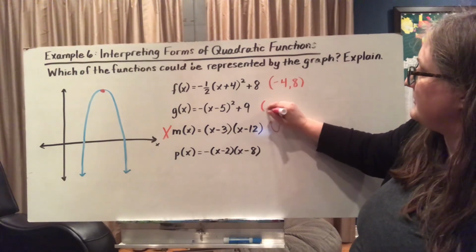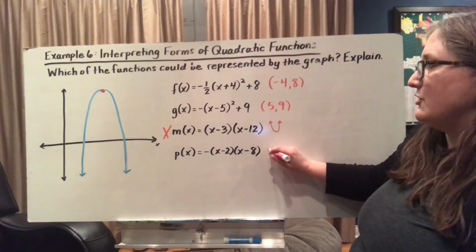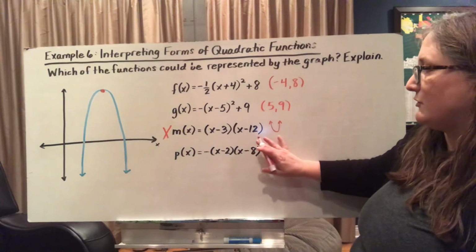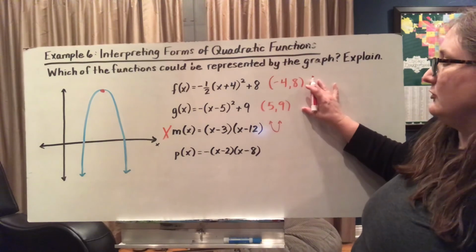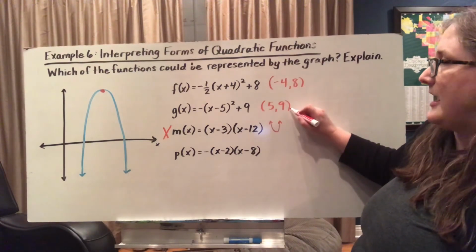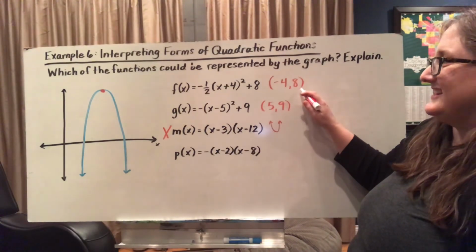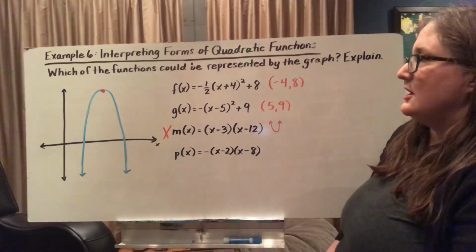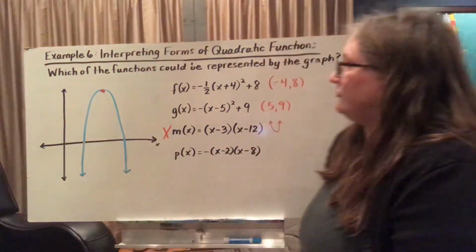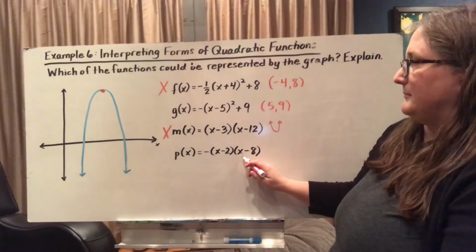This vertex would be at 5, 9. This one, I don't know the vertex. This one's not in vertex form, so I'm not going to worry about that one for right now. These two, though, I can look at them and say, okay, 5, 9 could be that point right there. -4, 8 is not going to be the vertex of this parabola because that would be over in quadrant 2, so this one's out. This one's still a possibility.